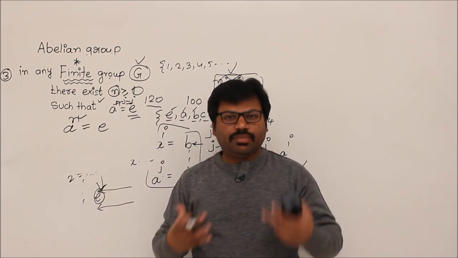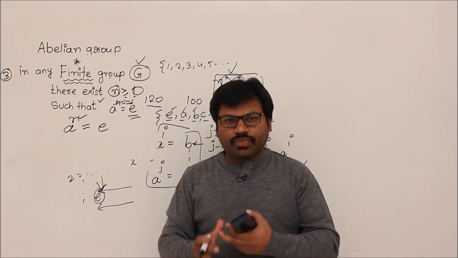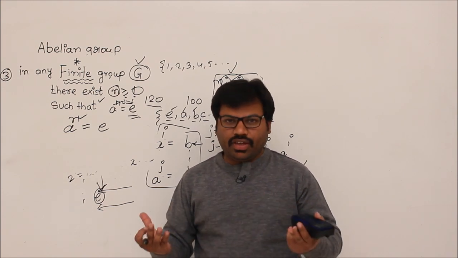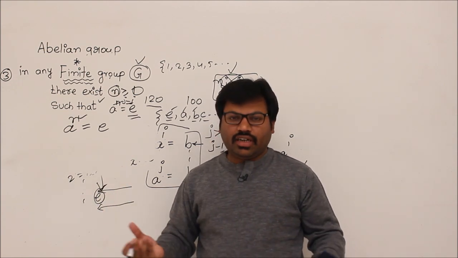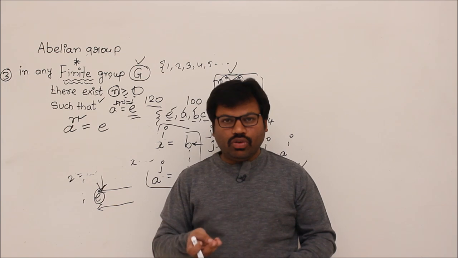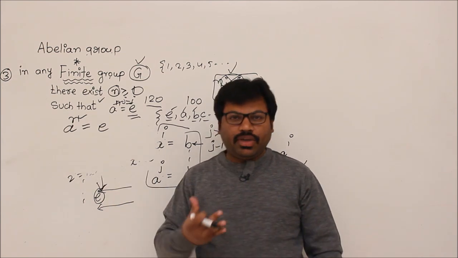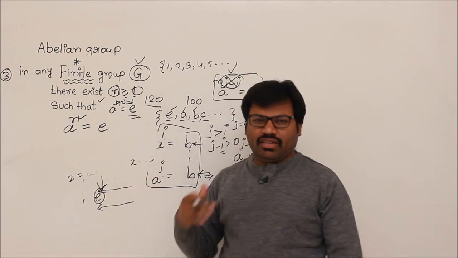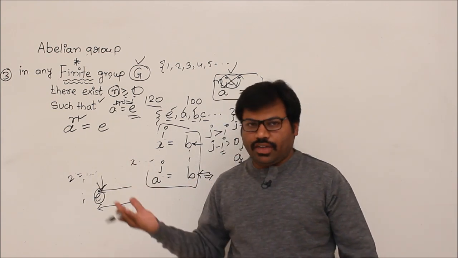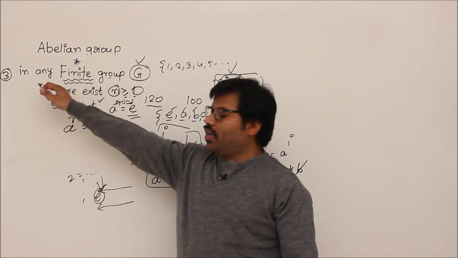Don't expect me to teach everything in a lucid and crisp way. If I do that, I have to ignore some of the details. I want to give all my knowledge to you. Sometimes I will be repeating things and giving lengthy expressions. Okay, fine. This is about result 3.